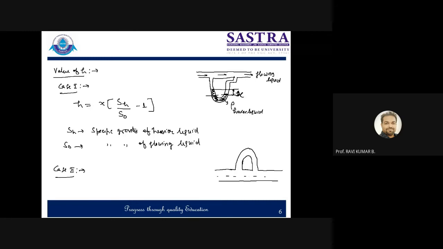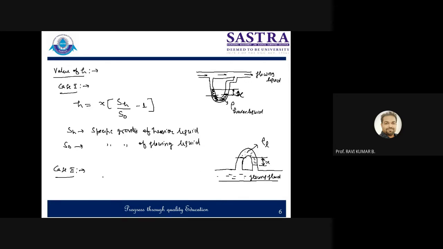Then this is the flowing fluid. Here you will get some difference in height, and this will be going over here, and you will get the X value here. Whatever liquid is filled here will have low density, lower than the density of the flowing fluid.